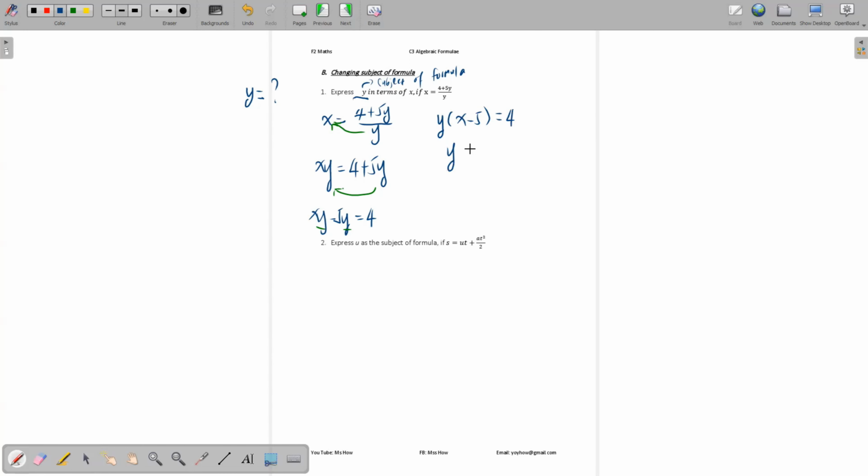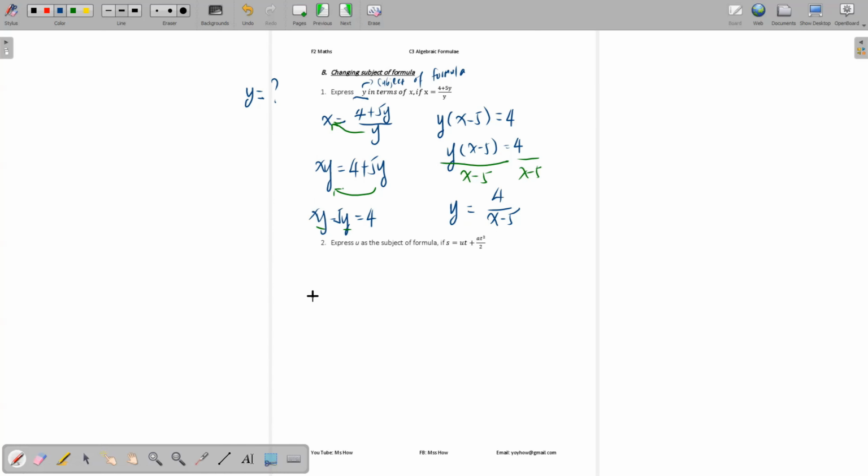Now we want to get rid of this x minus 5, right? So what we do here is divide by x minus 5. Once we cancel this off, we are left with y equals 4 over x minus 5. And this is your y in terms of x.